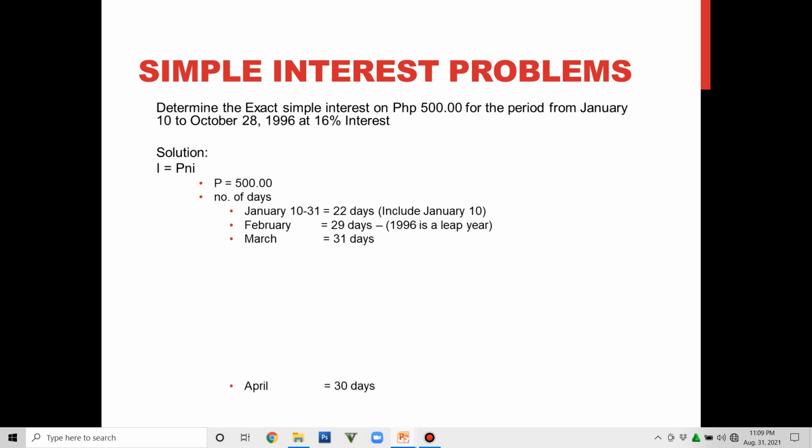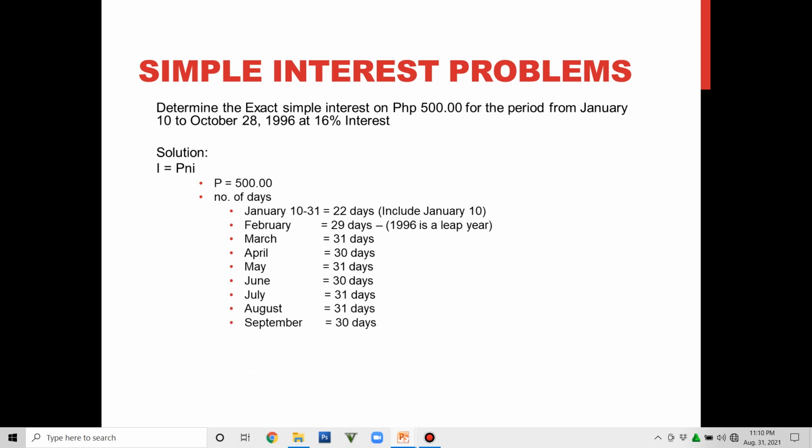And March is 31, April 30, May 31, June is 30 days, July and August is 31 days, September is 30 days, October supposedly 28 yan, but minus 1 tayo to exclude October 28. So this is to compensate also yung in-include mo kanina na January 10.